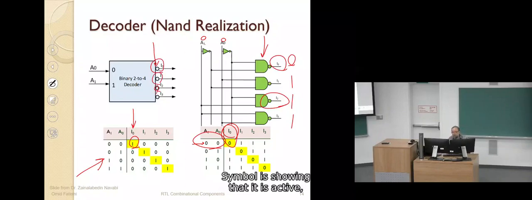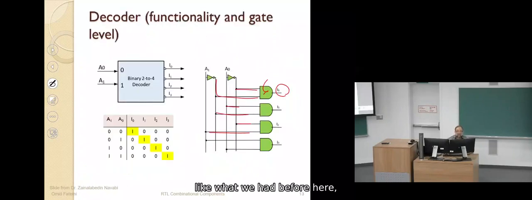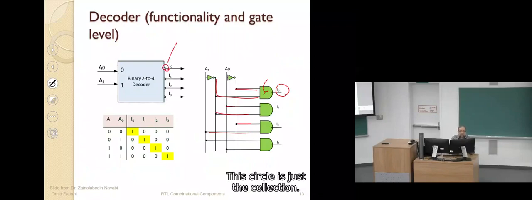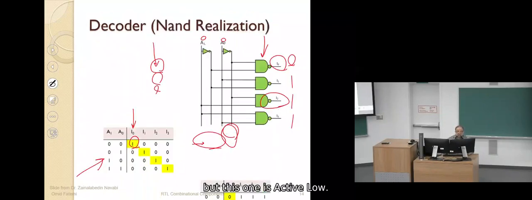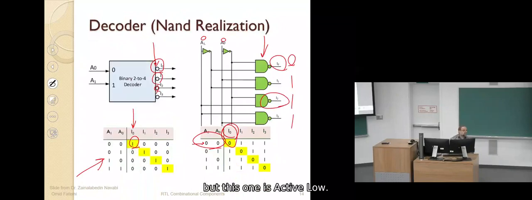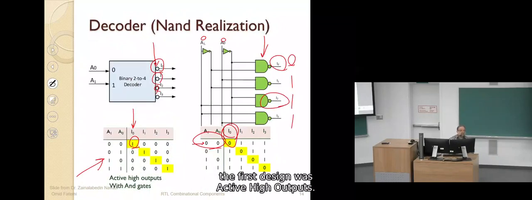This symbol is showing that it is active low, not active high. If we didn't have this circle, like what we had before, this would just be a connection. So this is active high, but this one is active low. The first design had active high outputs. This design has active low outputs.